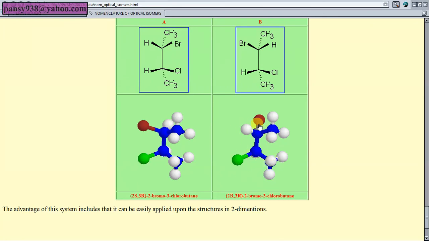Again, the line is moving in a clockwise direction, so it is R. Clockwise direction is represented by R. So both have the same configuration, R. So this compound is 2S, 3R, and the IUPAC name is 2-bromo-3-chlorobutane, and this compound is 2R, 3R, 2-bromo-3-chlorobutane.